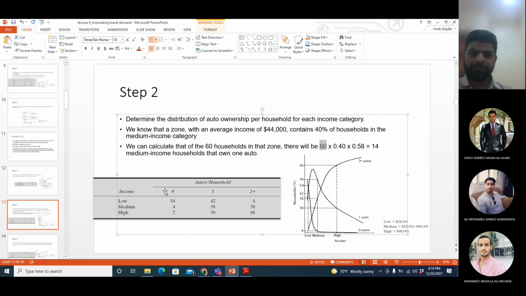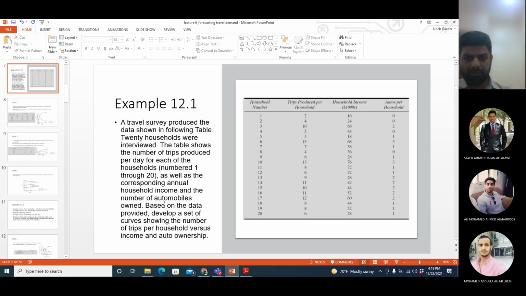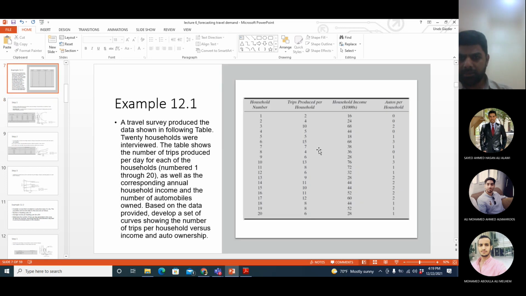Okay, so if I go back, let me go back to the first example. These are the curves we plotted from this data. From this data, we had the three income categories: less than 32, 32 to 48, and more than 48.